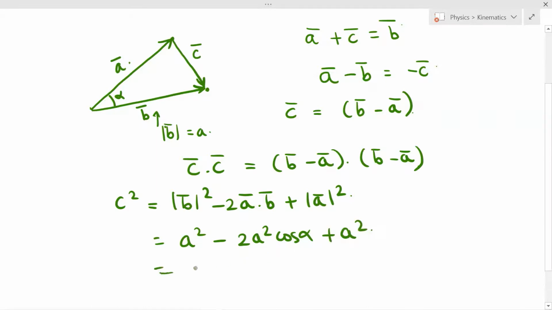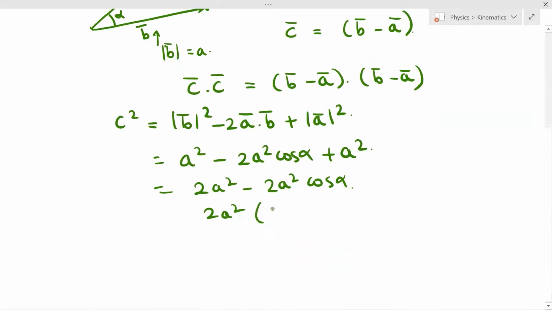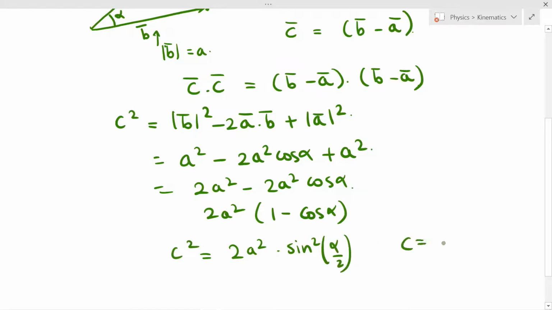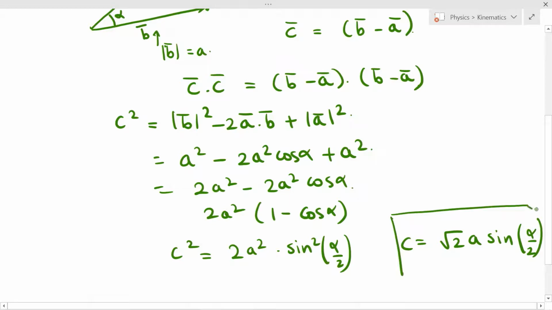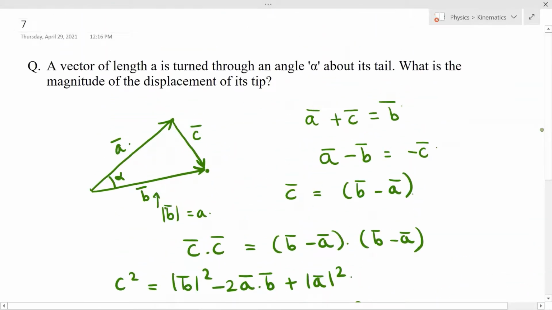So this becomes 2a square minus 2a square cos alpha, and 2a square let me take common, into 1 minus cos alpha. So 2a square into sine square alpha by 2 will be c square. So c will be square root of 2a sine alpha by 2. So this is the magnitude of the displacement of the tip.